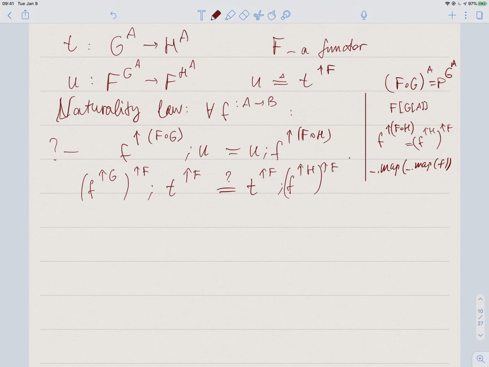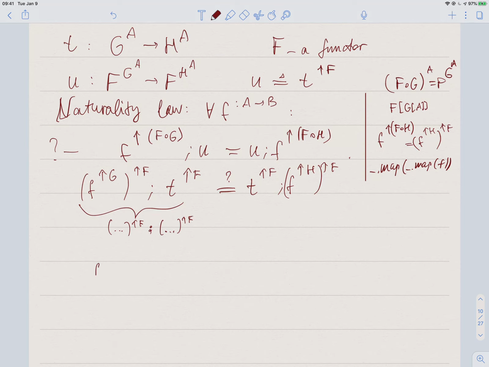Now, if you look at this, you recognize that this pattern here, it is something raised to f, something to f. So this can be simplified as the composition law, which I have shown in one of the previous slides. So this is equal to the composition of these two functions lifted to f.